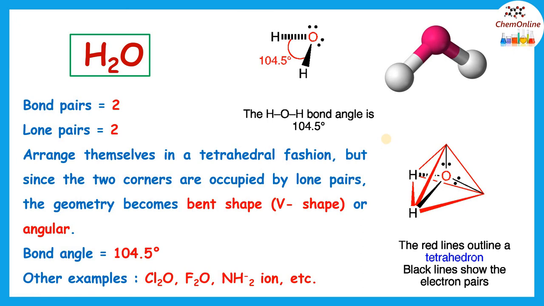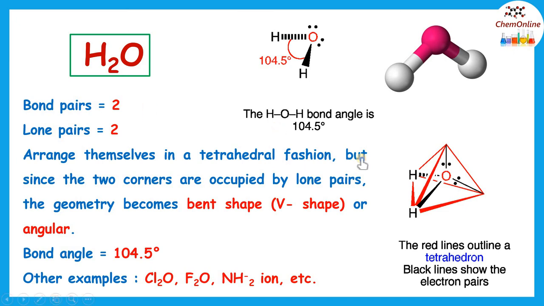Because of these repulsions, the water molecule will assume a bent shape, a V shape or angular shape, as in the case of SnCl2. But here the bond angle is 104.5 degrees instead of the normal bond angle of 109 degrees 28 minutes as in the case of a tetrahedron.